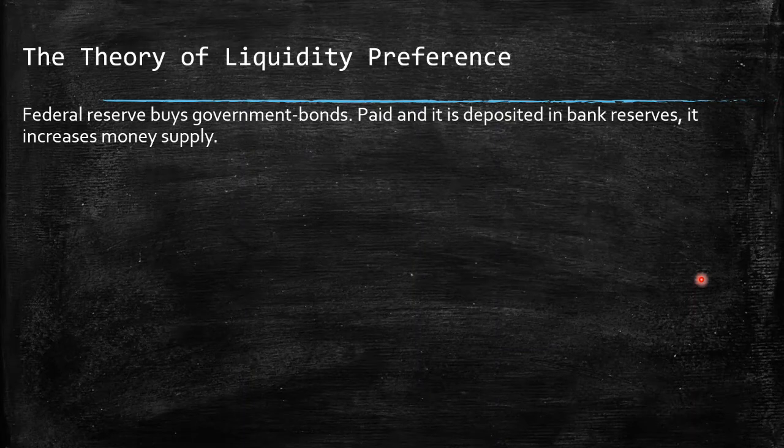When the Federal Reserve buys government bonds, you need to pay money for those instruments. So it is paid and deposited in bank reserves. Banks acquire liquidity, so there is an increase in the money supply.